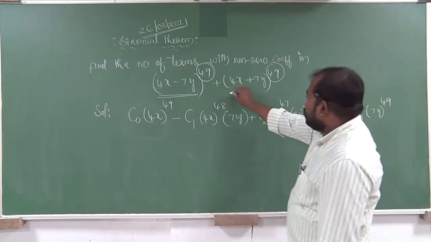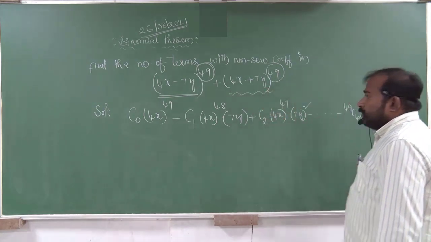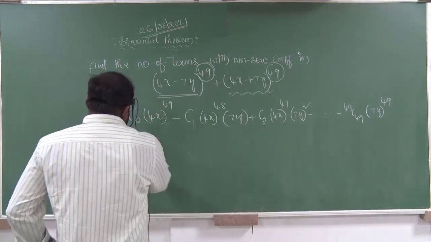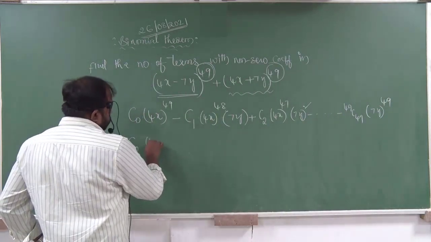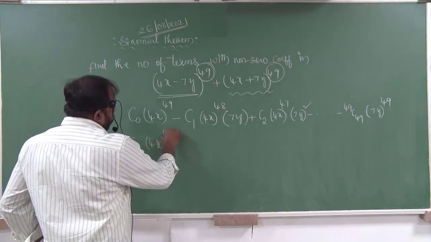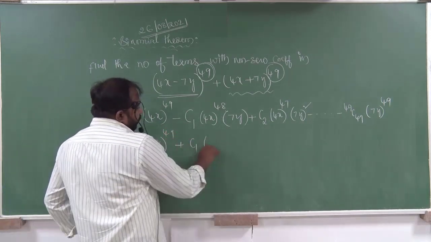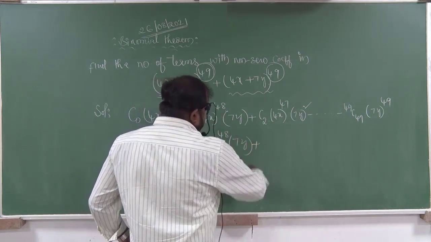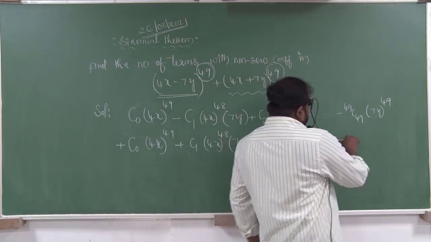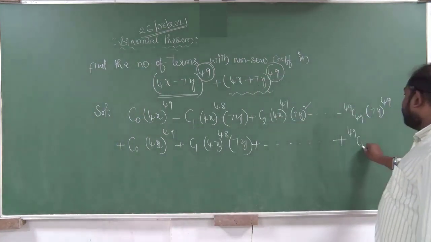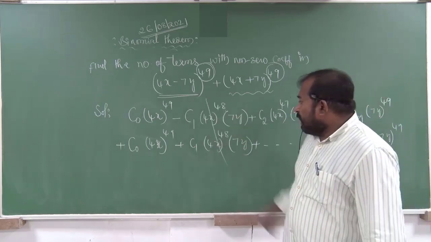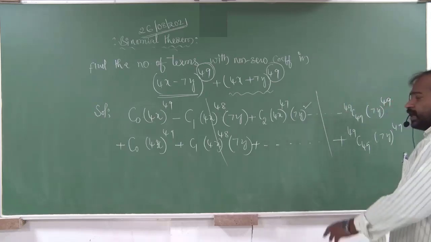Then expand the other value also. If you expand it, what will you get? C0 into (4x) whole power 49 plus C1 into (4x) whole power 48 into 7y plus, like that, and what is the last value? 49C49 into (7y) whole power 49. When you add these values, all those terms cancel, C1, C3, like that cancel.